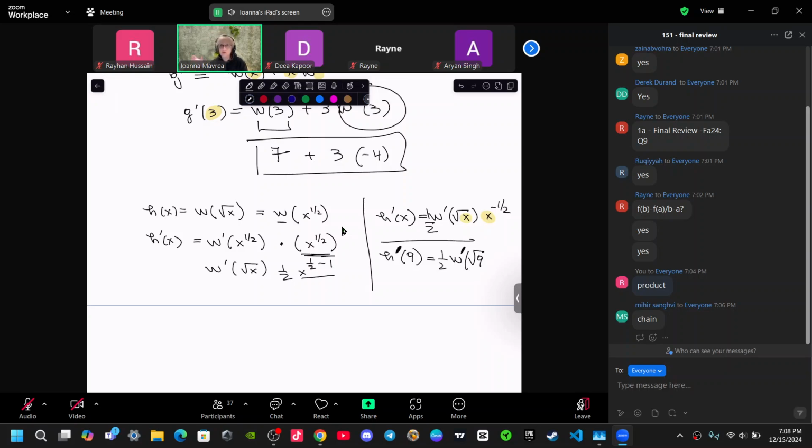That's 3, and I know the derivative of W at 3. 1/2 times 9 to the negative half, which happens to be 1/3. So plug in and you're done. So they can give you all kinds of new functions where you either have to use the chain rule or the product rule to find that derivative, and that derivative will be related to the derivative that they just gave you, of W at 3, right?